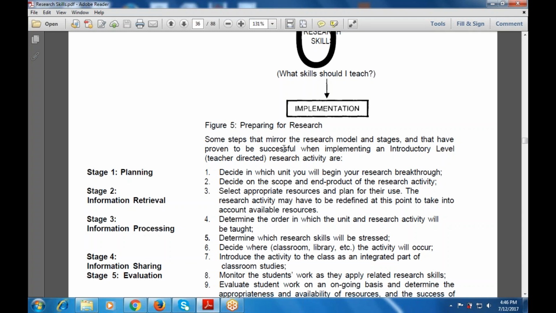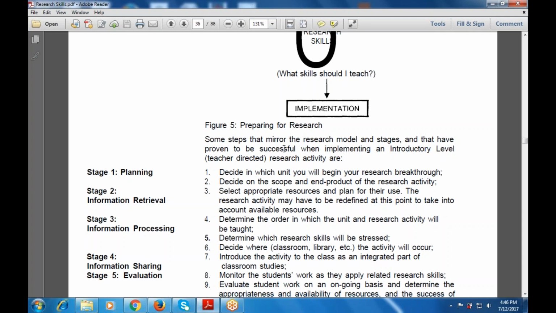So stage 1 is planning: what is your scope and the end product of the research activities. Then select the appropriate resources and plan for their usage. The research activity may be redefined at this point to take into account available resources.